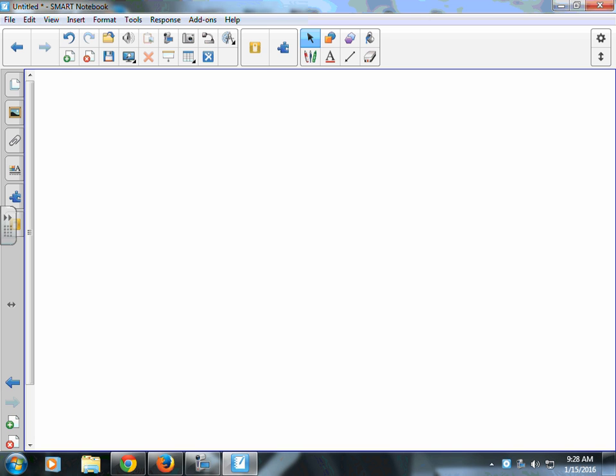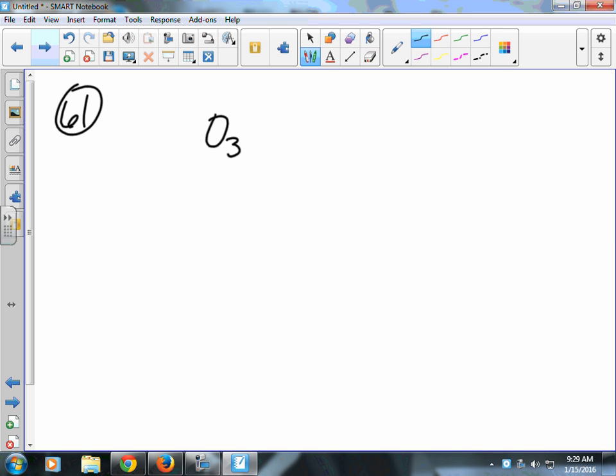We have this mechanism: O3 plus NO goes to NO2 and O2.